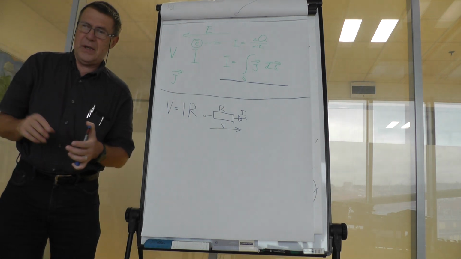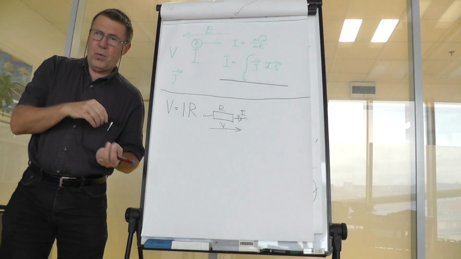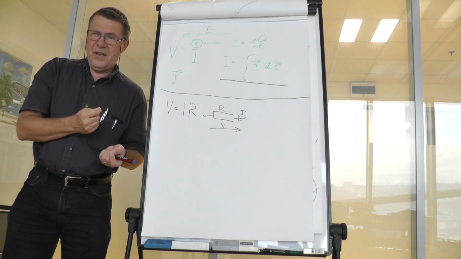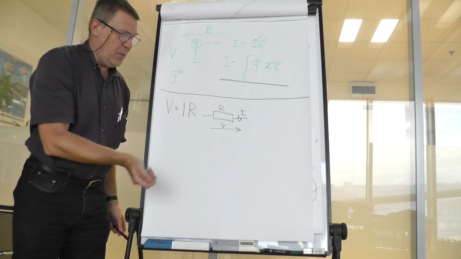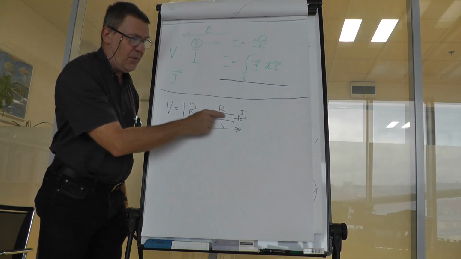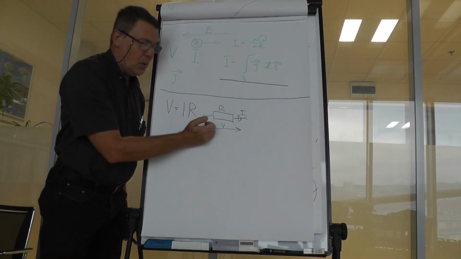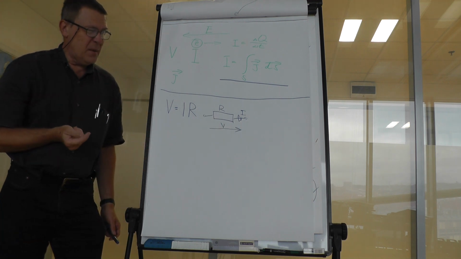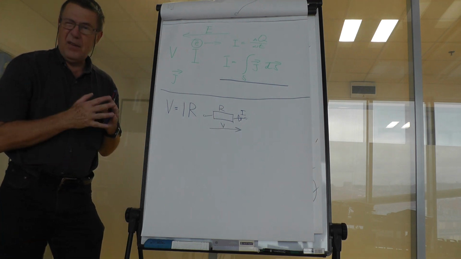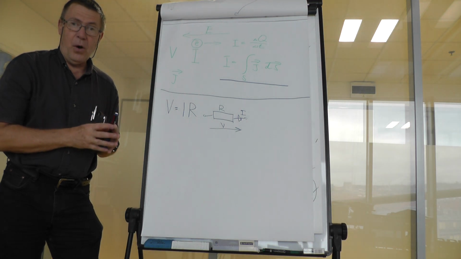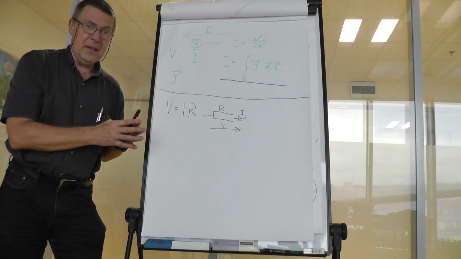We do not explore what is inside the resistor. We just have the integral value, which is the total current flowing through the resistor, and we have the integral value, the total voltage over the resistor. Now this is the formulation of the Ohm's law, which is called integral.